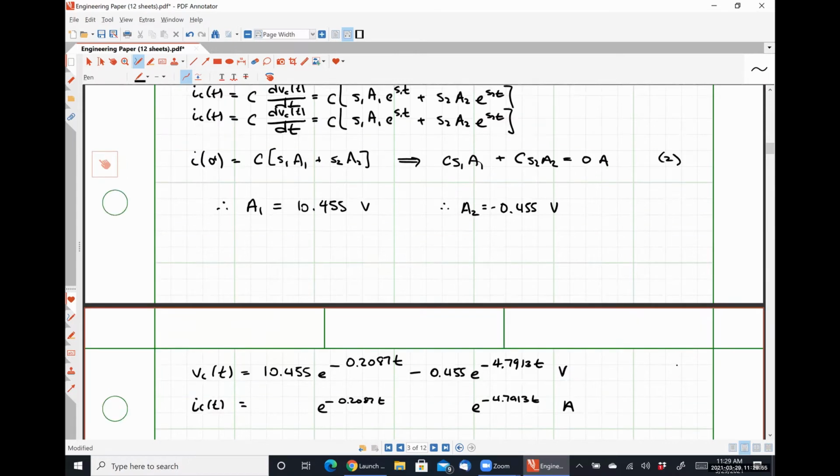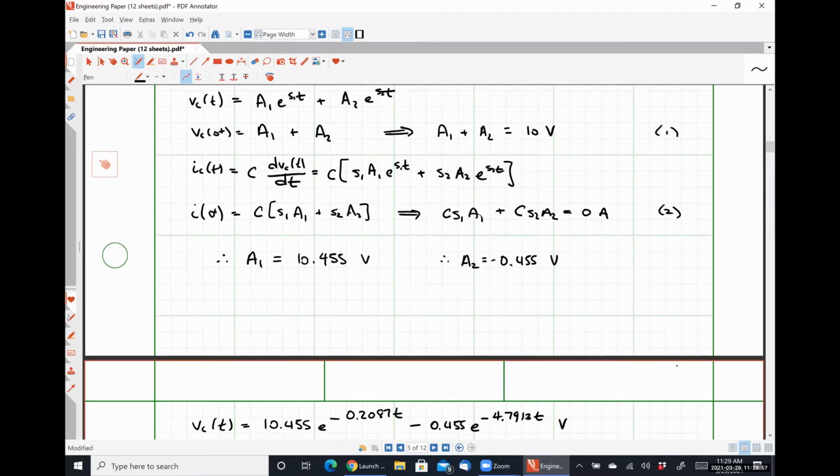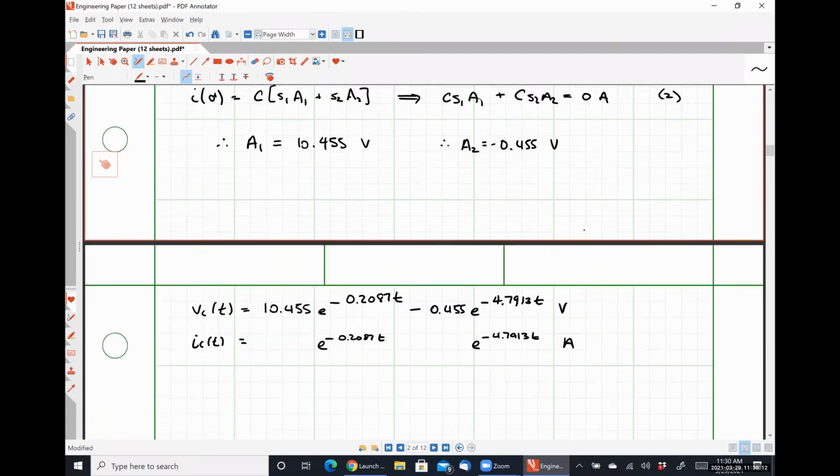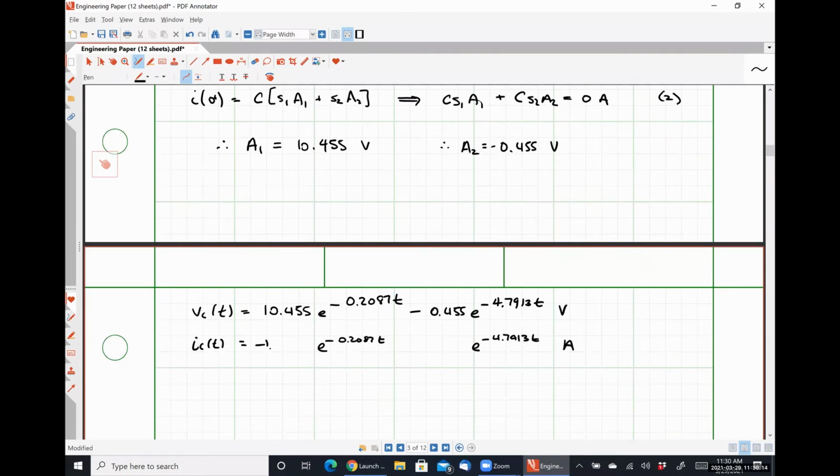My first coefficient is just going to be C times S1 times A1, right? So that's 1/2 times S1 times A1. I get negative 1.0910.